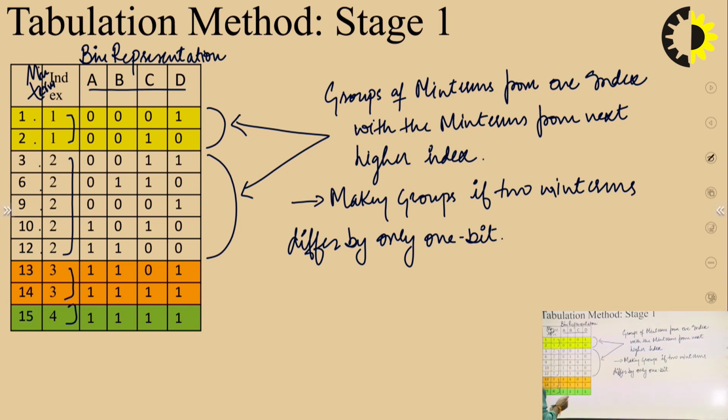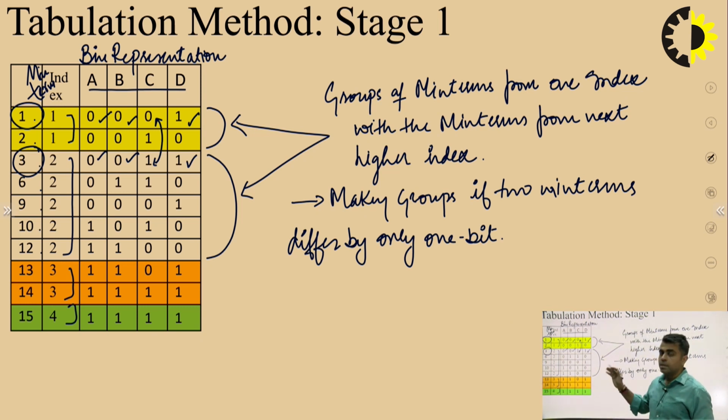If I check that 1 is to be grouped with the terms from the next higher index, let's say 3, then I can see that 0 and 0 is the same, 0 and 0 is the same, this 0 and this 1 are different, otherwise 1 and 1 is the same. So at 3 positions, 1 and 3 are identical, and at 1 position they are different. So they are meeting the criteria for grouping. So 1 and 3 can be grouped.